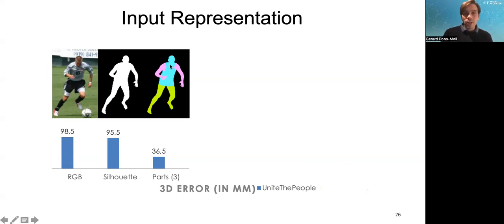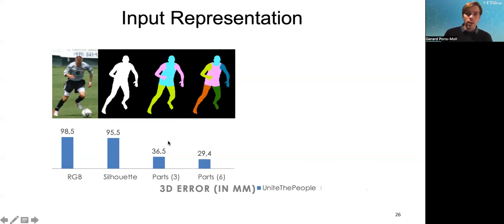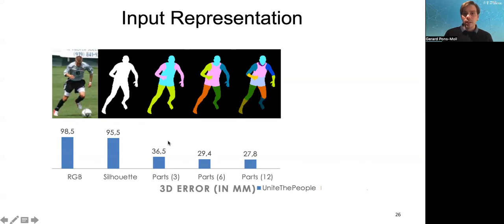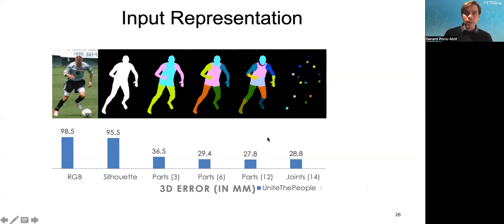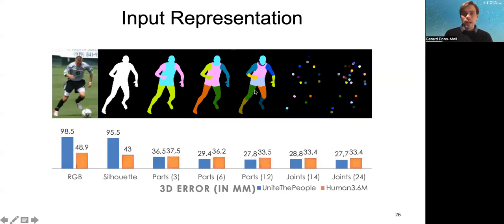If you don't abstract away so much and you have only 3 parts, then you can do quite well. And this can be further reduced if you use 6 parts and 12 parts. So the reduction is quite significant, from 98 to 27.8 millimeters. And if you use joints, actually you do quite well, but not as well as if you have the full shape, and so on. And this is more or less the same story for another data set.